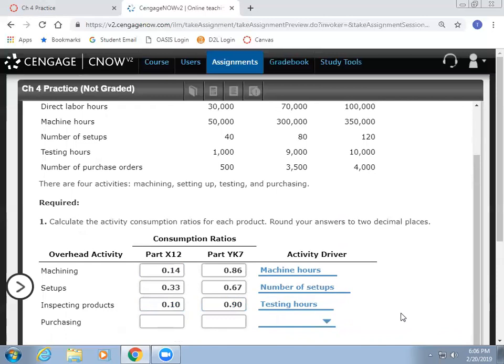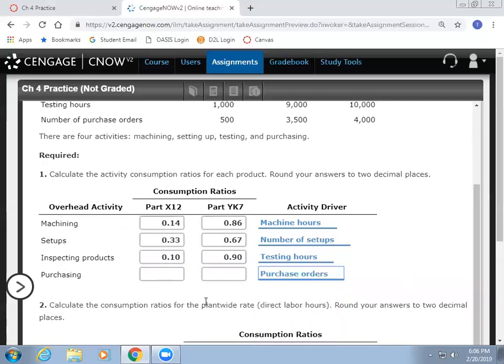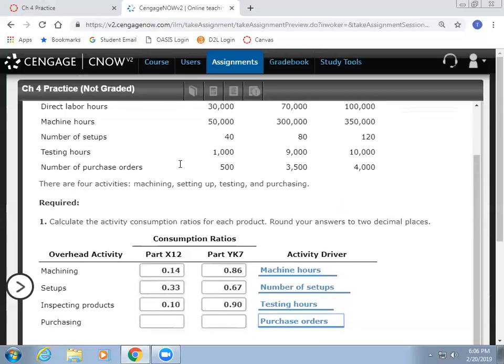And then the last one, purchasing activity driver, is going to be number of purchase orders. So 500 divided by 4,000. Very good. So 0.13. And then on part YK7, if you actually do 3,500 divided by 4,000, it rounds up to 0.88. But that puts you over 100%.